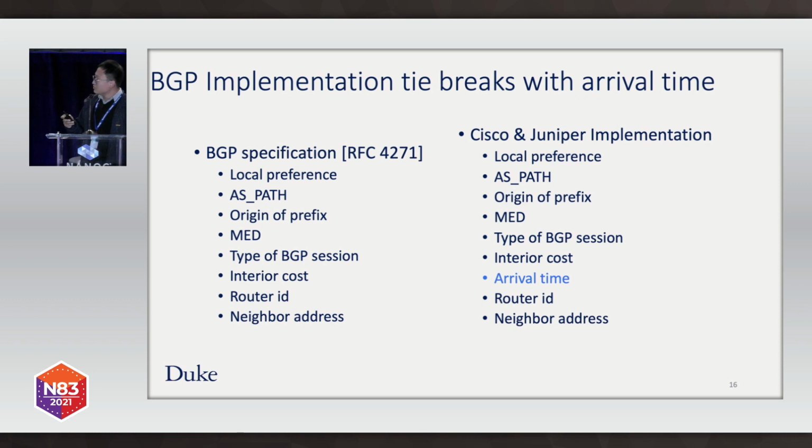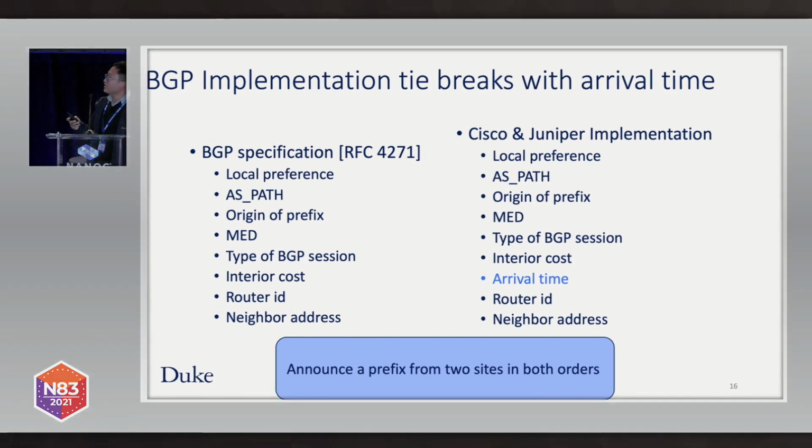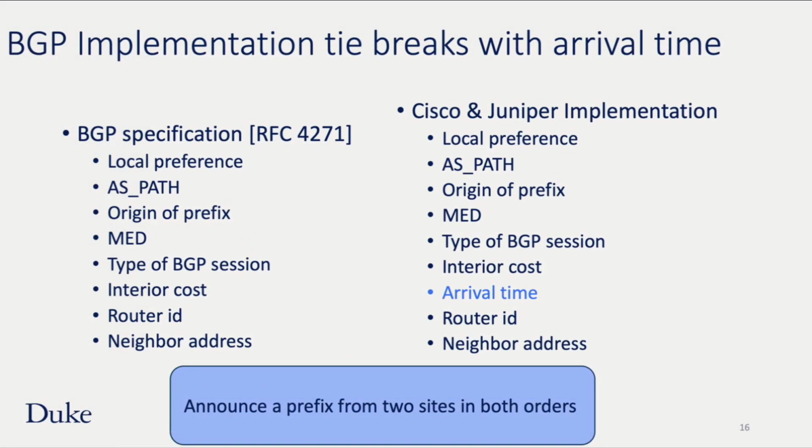So in order to get the most clients that have a linear order, we have resolved a few different problems. So the first one is the BGP implementation of the tie breaking with arrival time. So on the left side, it is the RFC that describes how the route selection or tie breaking is done. In the BGP specification, it will follow a sequence of those factors.